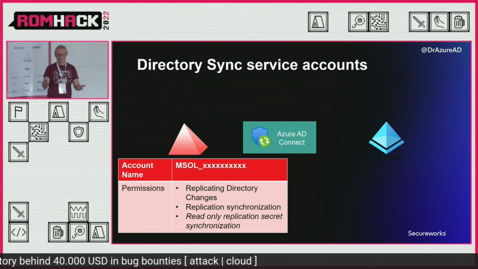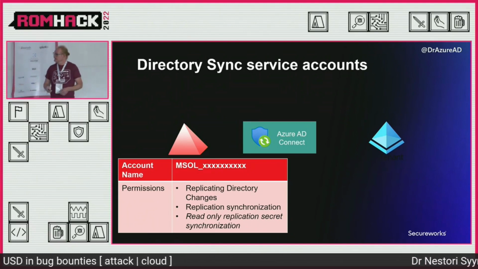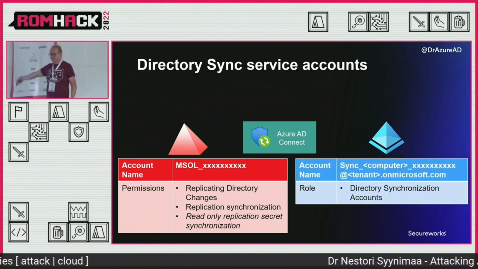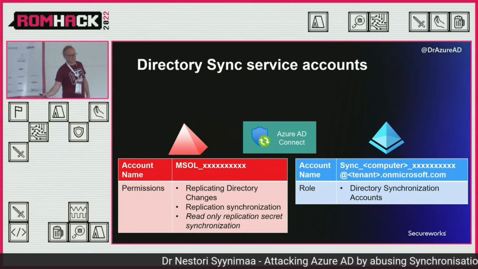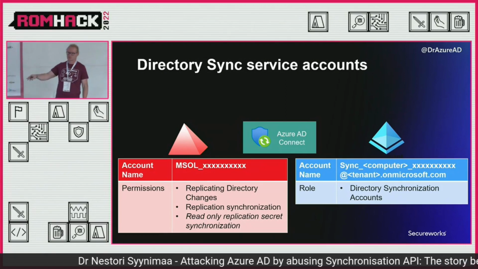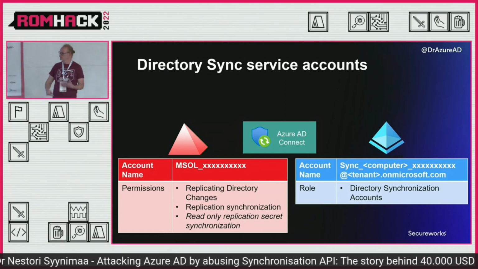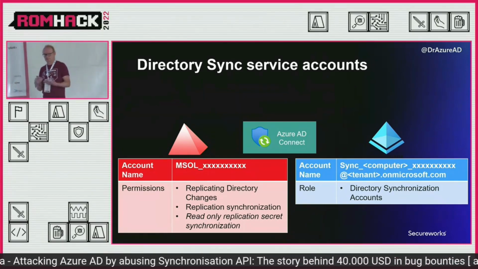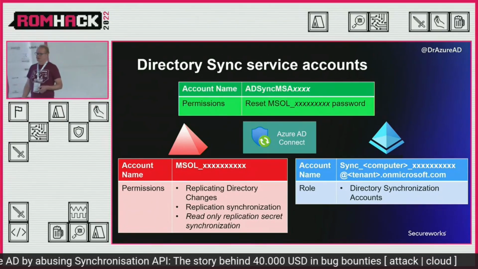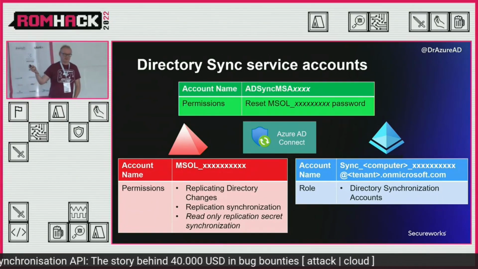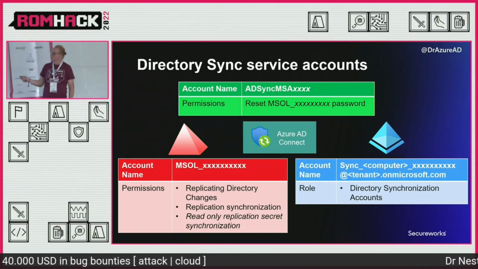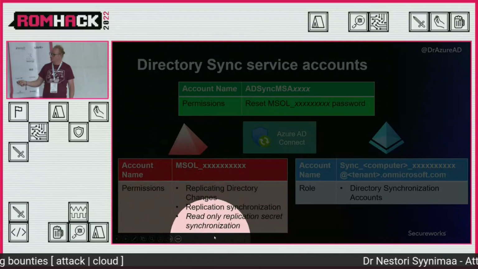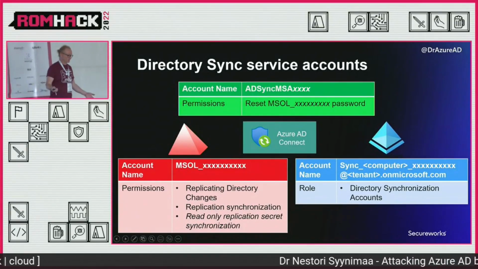So that's quite powerful, right? Then in the cloud, you have a different account that is allowed to create users, edit users, or delete users, which are synchronized, right? So that also has powerful permissions. And then we have an account that you are running that service as. What it can do is only reset the password of this account, but nothing else. So that's how it goes.